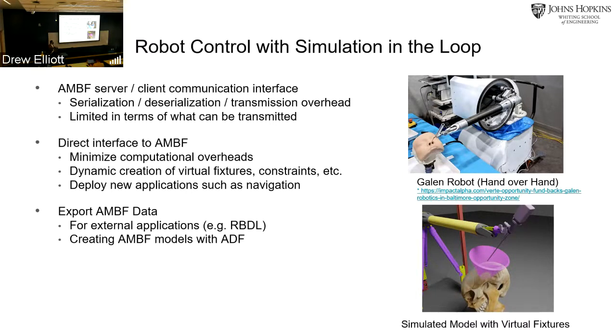So we really wanted a way inside AMBF to neglect all of that. And that's where we made a plugin interface. And we did a whole lot more along with a plugin interface. And last but not the least, we cleaned up AMBF so that you can take all the data for different bodies and environment and use it for external applications such as the rigid body dynamics library, or use it for any other purpose.